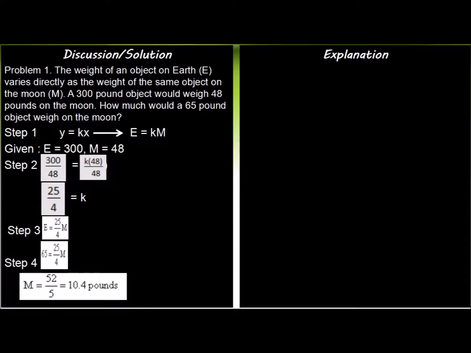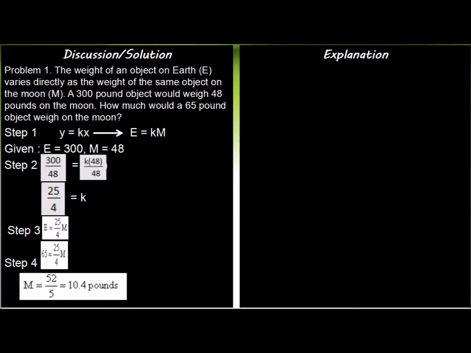Now in step 3, we have to solve for m, and by using the formula E is equal to k times m, and we all know that the value of k is 25/4. And after having 25/4, substitute the second value of E, which is 65. So in step 4, as you can see, we have 65 equal to 25/4 m.